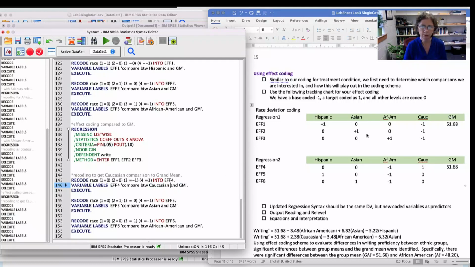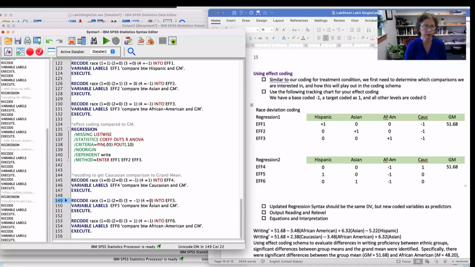Whereas the next one is going to be Hispanic. So I have 1, 0, -1, 0 for F5. 1 is my target, 0 not being used, African American -1 because it's the base, and Caucasian not being used.